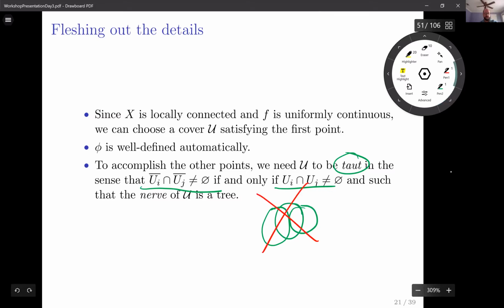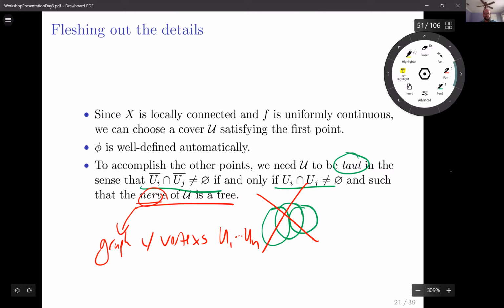And when I say the nerve of this is a tree, the nerve of a cover is the graph with vertices U1 out through UN.